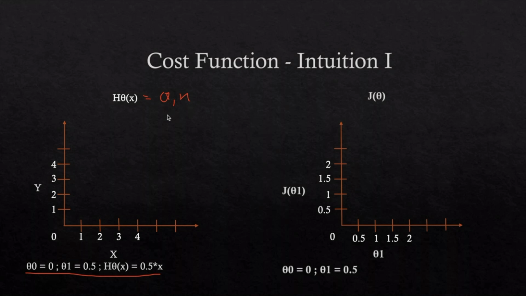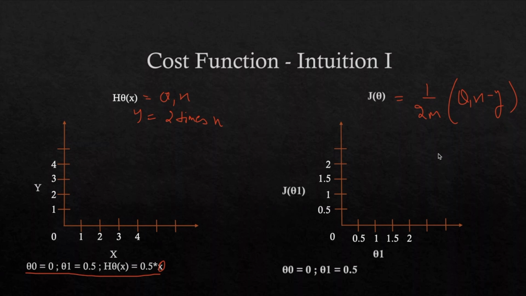So let's consider it. Whatever value we put here as x, the y will always be 2 times x. So if we simplify it, 1 over 2m, and then here we have theta 1 x minus y.